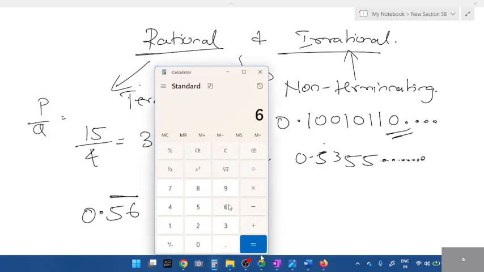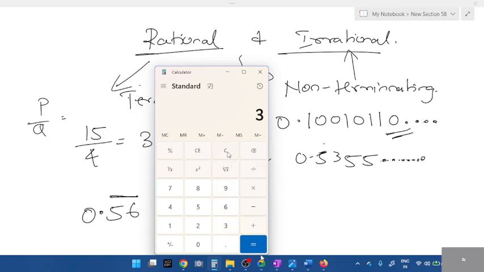Now look here. If I take 4 divided by 3, or 22 divided by 7, can you see the number? It goes on. Actually, this is also recurring.